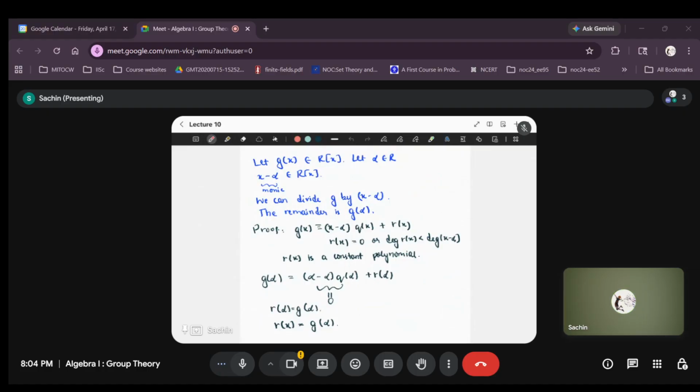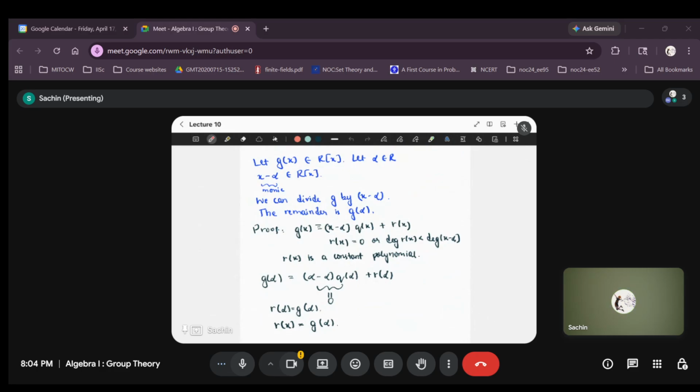But the degree of x minus alpha is 1. So the degree of r of x is less than 1 means it is a constant polynomial, right? Then we substituted alpha on both sides. We got g of alpha is equal to alpha minus alpha times q of alpha plus r of alpha.